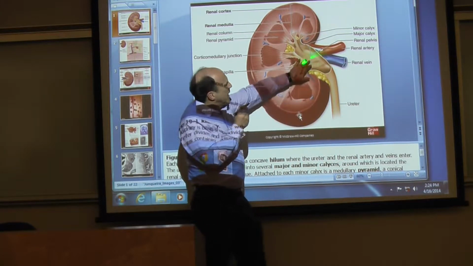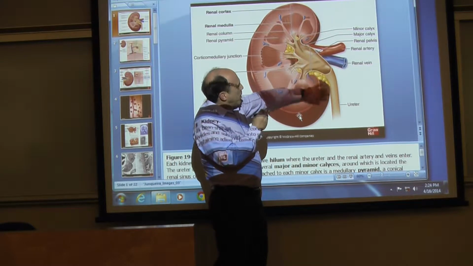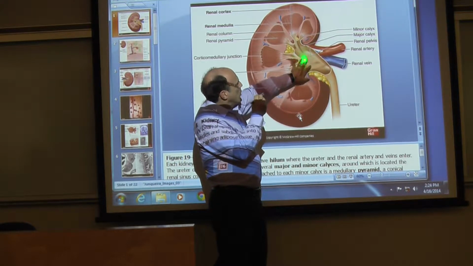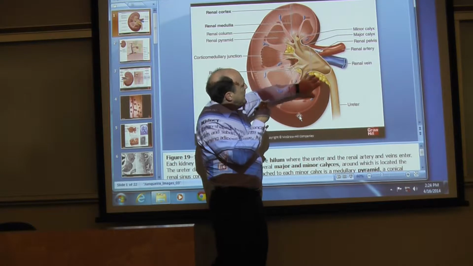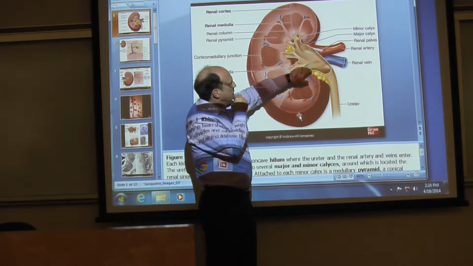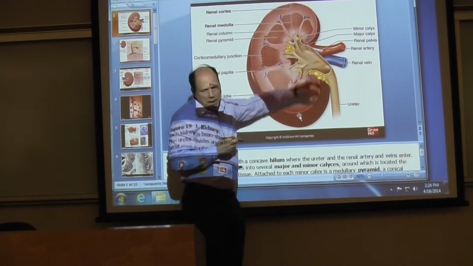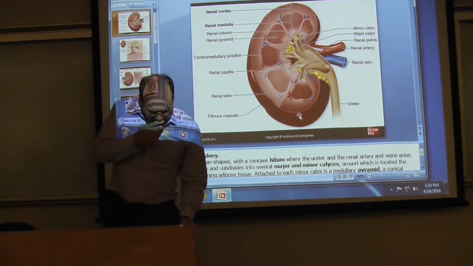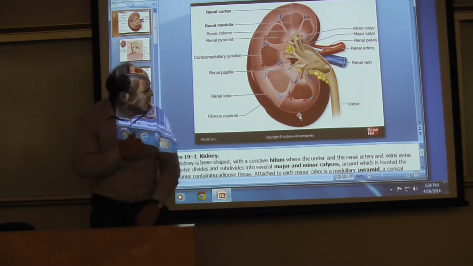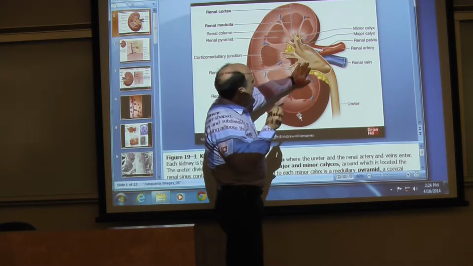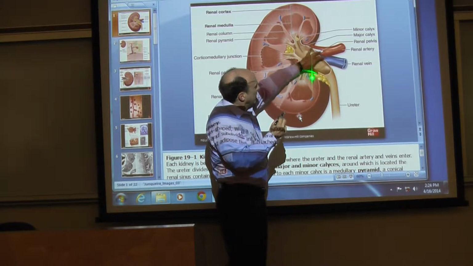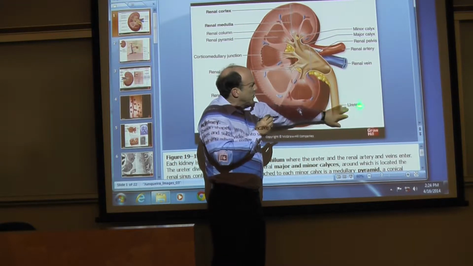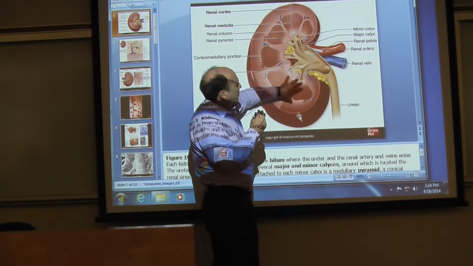So the calyx is the part of the ureter that is going into the kidney itself. And then they have names for these different things. Like overall, this hilum here is the dimple that's in the middle of the kidney. And the renal pelvis is this thick area just as you transition from the ureter into the kidney itself.